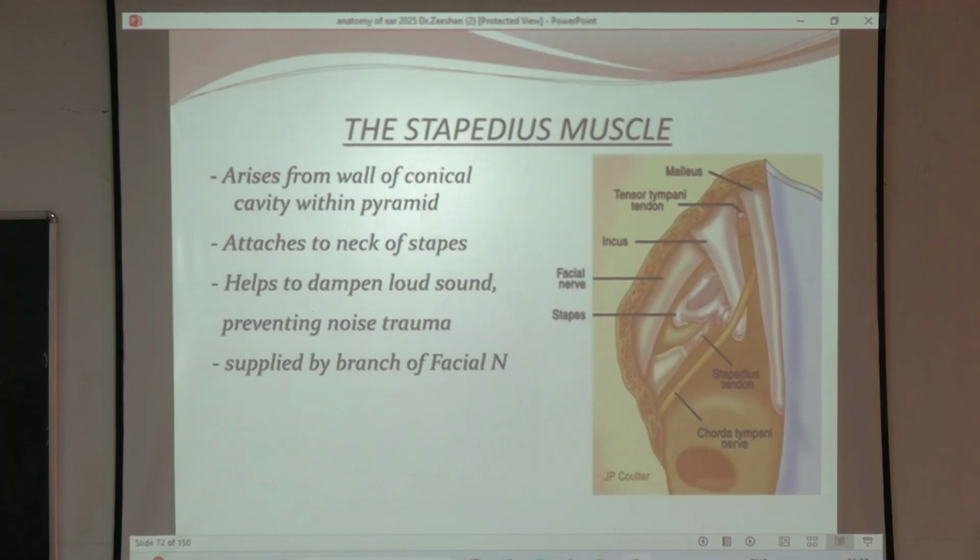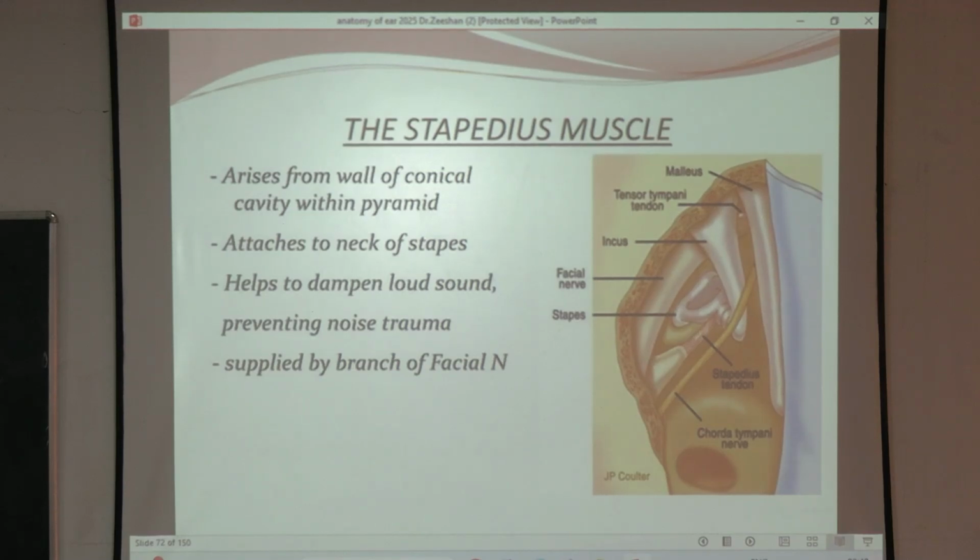Now the stapedius muscle. It arises from the wall of a conical cavity within the pyramid, attaches to the neck of the stapes, helps to dampen loud sound, preventing noise trauma, and is supplied by a branch of the facial nerve.